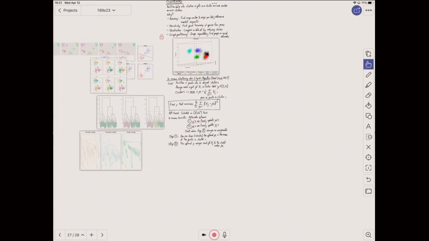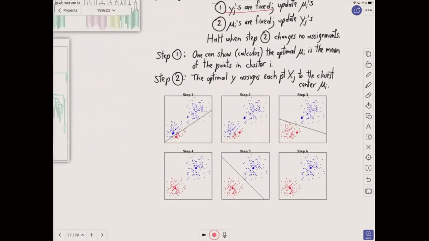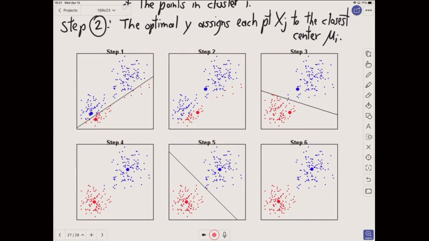So here's an illustration of what the algorithm looks like. In this example, the odd-numbered steps are reassigning the data points to new clusters, and the even-numbered steps compute the new means. So starting at the upper left, step 1, we have two means that are pre-specified, blue and red, and we classify all of the other points according to which of those two cluster centers is closest.